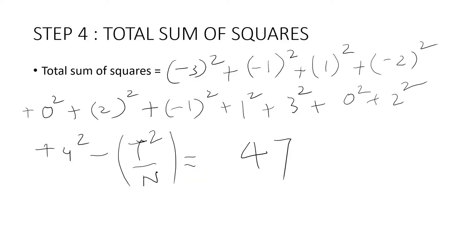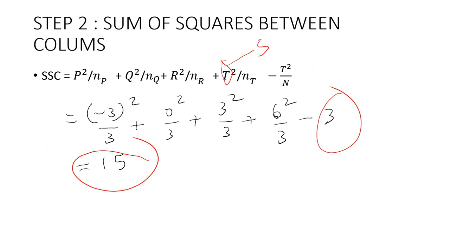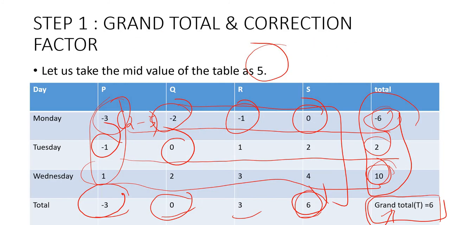Fine, you got it. Step 4 is total sum of squares. Total sum of squares means you need to square all the values and subtract the correction factor. You need to come back to this table: all these values minus 3, minus 1, 1, minus 2, 0, 2, and so on. You take all these values, square them, and subtract the correction factor.